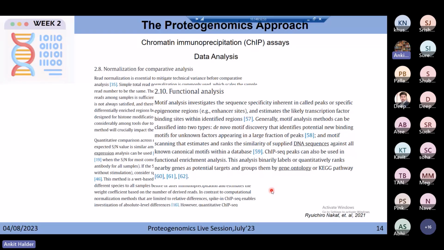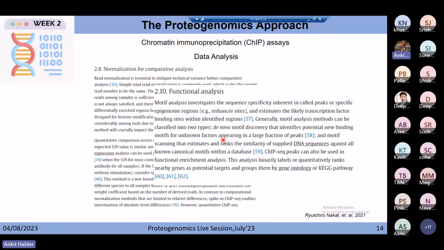Then the final step is the functional analysis, as I mentioned, the motifs. If you know the motifs and sequences, you can tell whether these particular DNA fragments are regions of motifs, and whether a protein binding to it does not allow it to function, or vice versa. So you can do the functional analysis, the motif analysis and the gene ontology analysis.